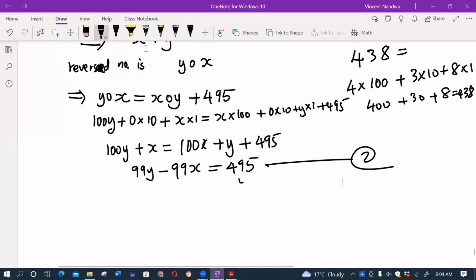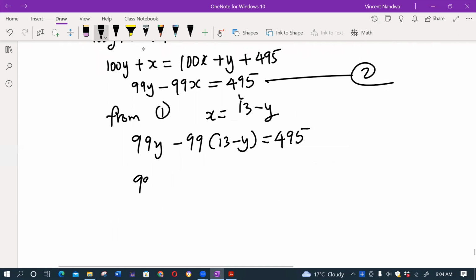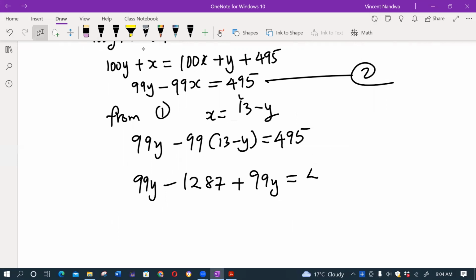Now solve 2 and 1 simultaneously. From 1, we have x equals 13 minus y. So we'll have 99y minus 99 times (13 minus y) equals 495. Then expand the brackets. 99y, 13 times 99 is 1287. Minus minus is plus 99y equals 495.